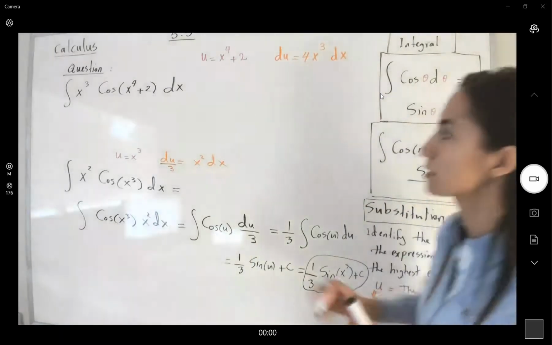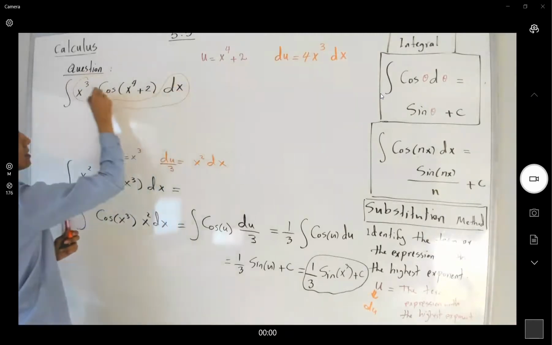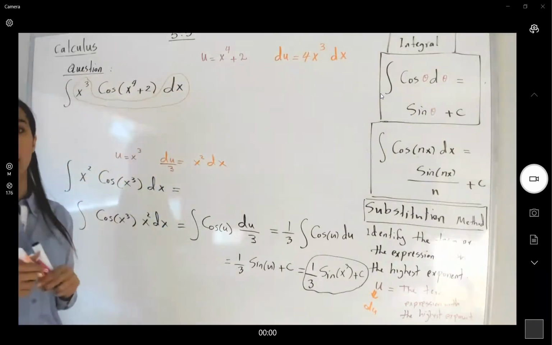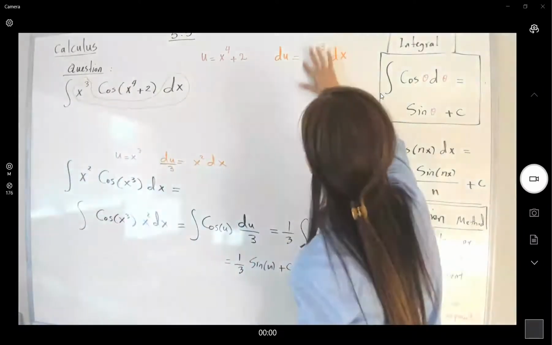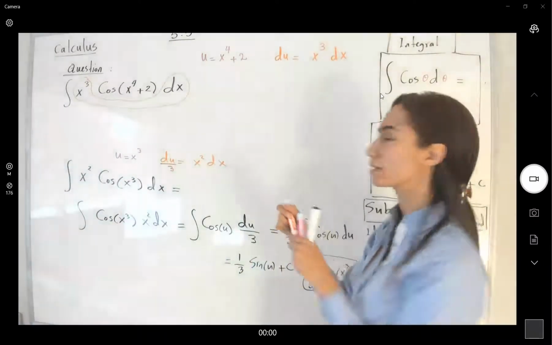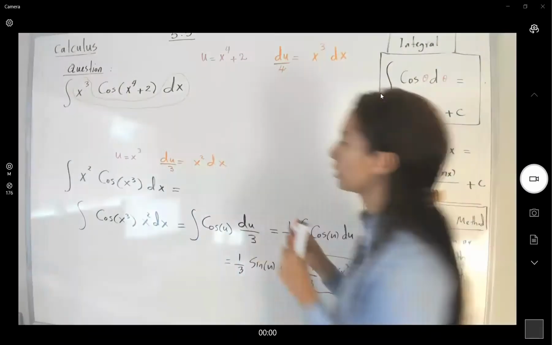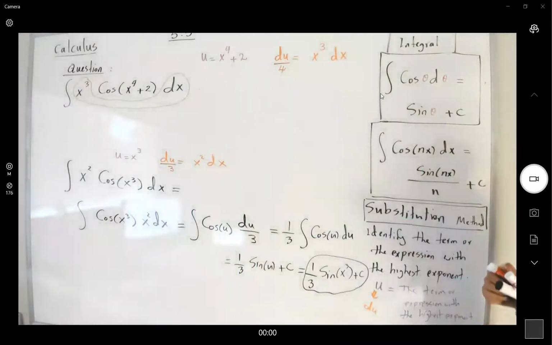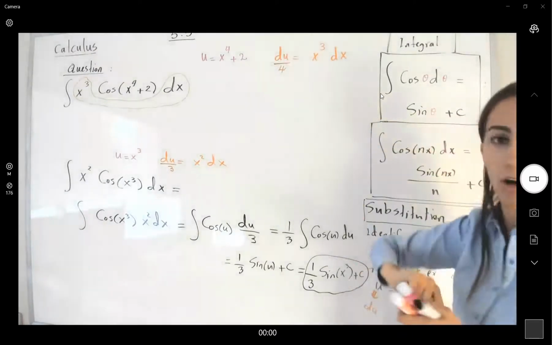Okay, take a look at this. You have x cubed and dx in the integral. What's missing? 4 is missing, but we're not worried about that. It's just a number, a coefficient, a scalar. We can just divide everything by 4. So x cubed dx is du divided by 4.